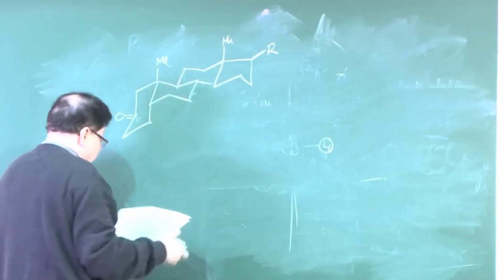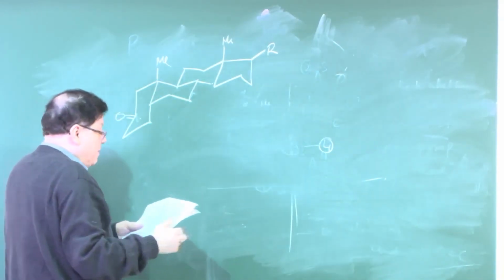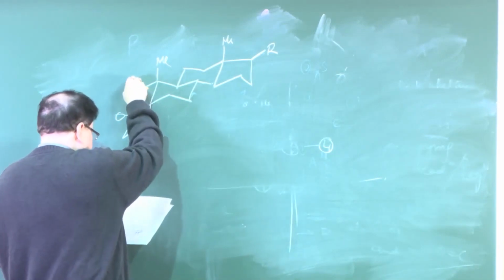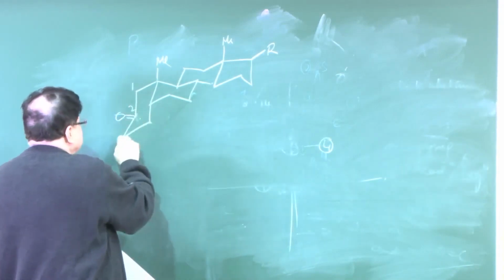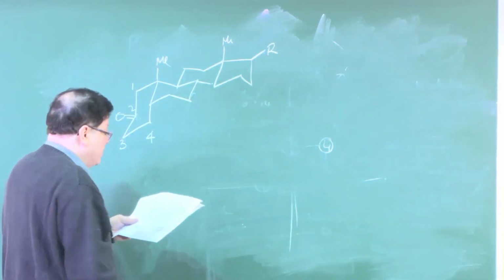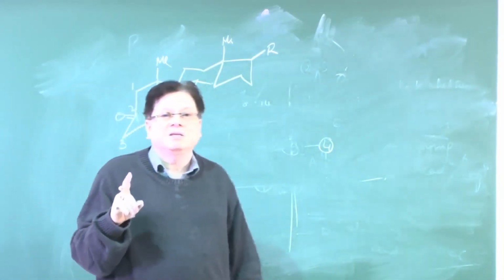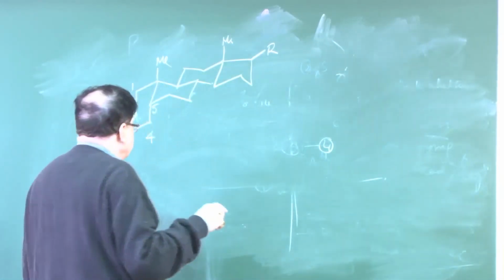Okay. So, if you now number this, this is your 1, this is the 2, this is 3, this is 4. So, this steroid molecule we are trying to figure out, the final point is what is the Cotton effect of this molecule.